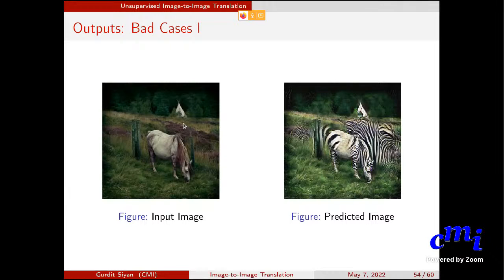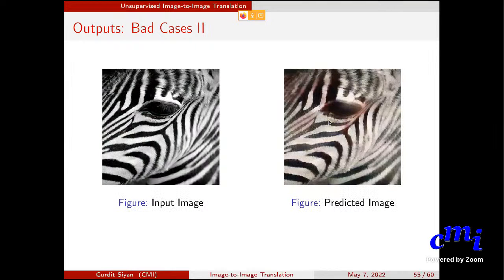I think maybe because there's a brown color here. And the failure case for zebra to horse looks like this. It doesn't basically change the zebra. I think that's because the stripe sizes are very different here, and the model is not scale invariant. So that's what's happening. Maybe better generators would produce good results.